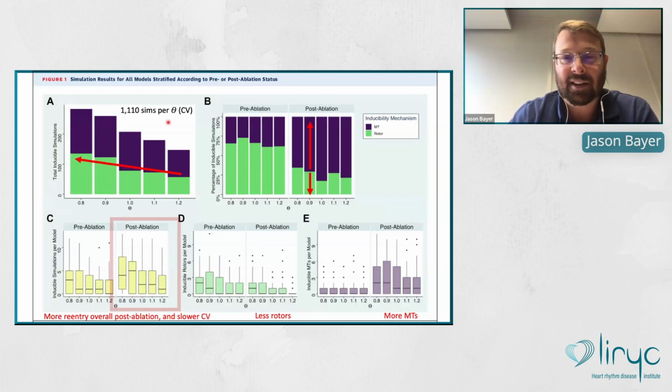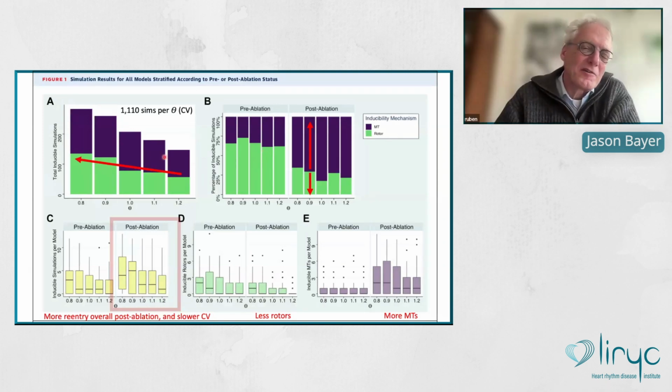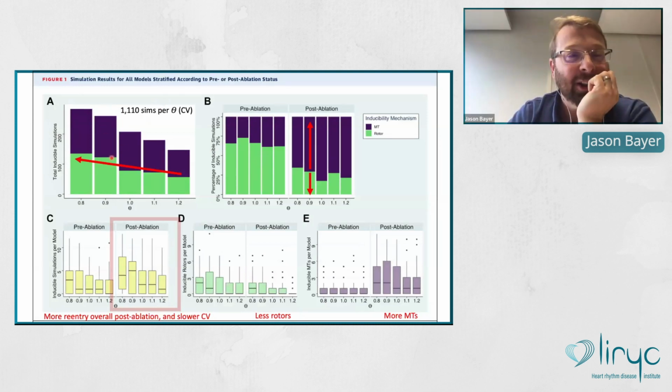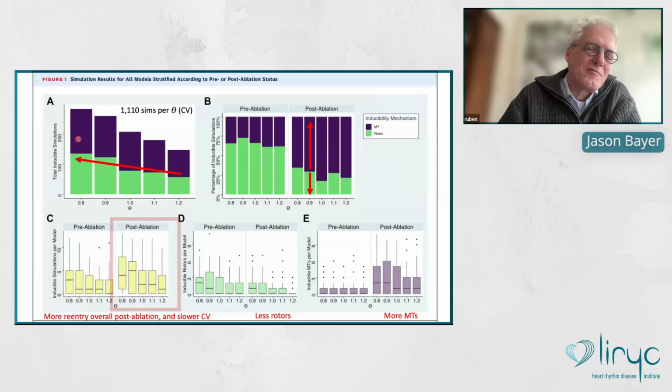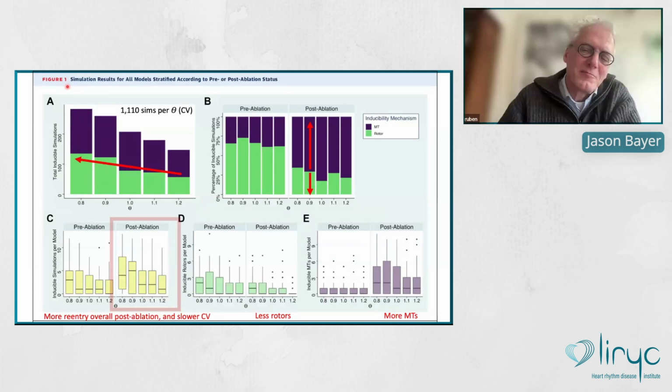I don't think panel A is that relevant without knowing the total number of simulations run. Yes, they're 1,100 per theta. So each column here is 1,100 simulations. You see that about 30% in the 0.8 group is inducible. Exactly, and then it's normalized in panel B to 100% for each.